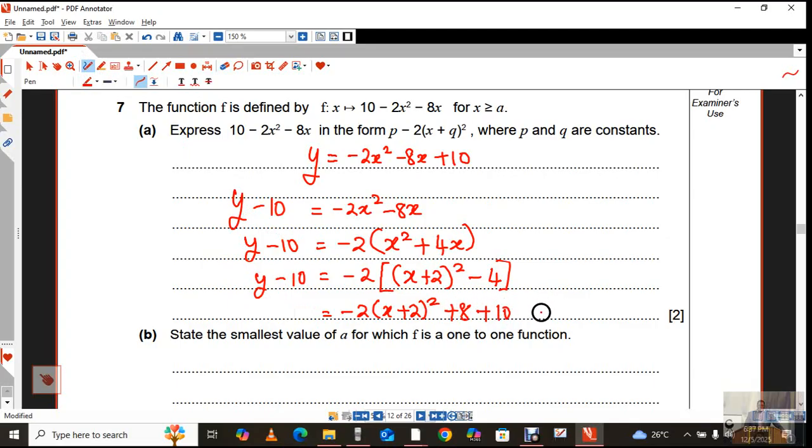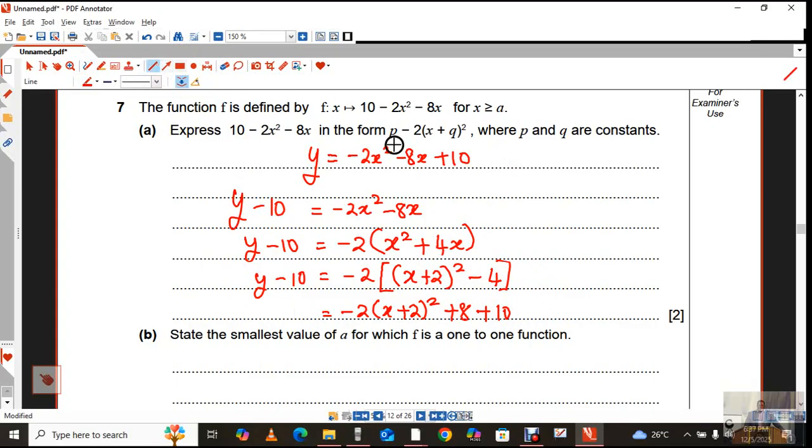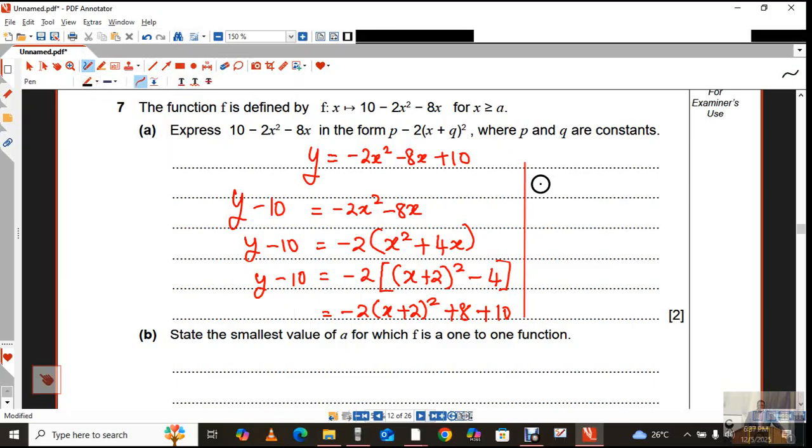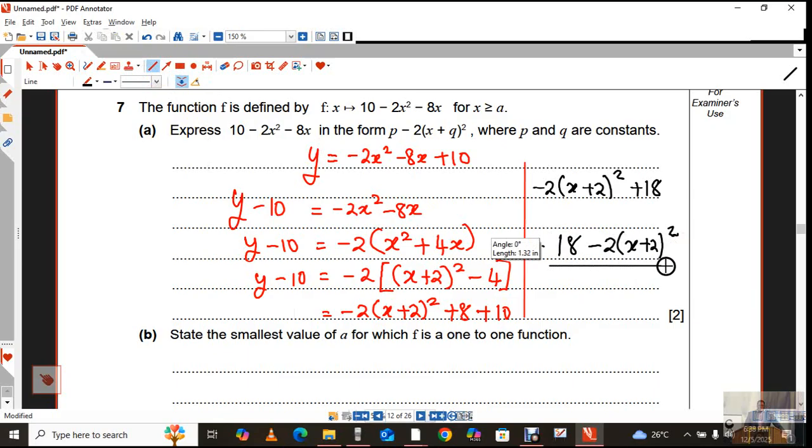So effectively, because I did more, I need this space, so I'm going to just write it over here, this statement is now minus 2 x plus 2 all squared plus 18. But I want it in this form over here, so the 18 must come in front. Therefore, I have 18 minus 2 x plus 2 all squared. There we go. That is the solution. Of course, you can do it many ways, but for me, that works.